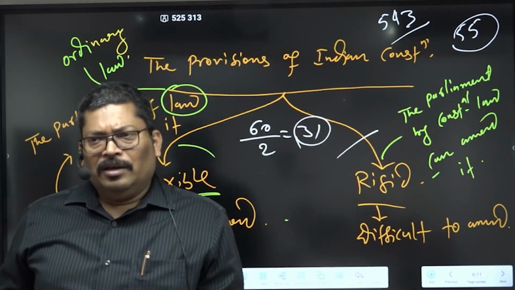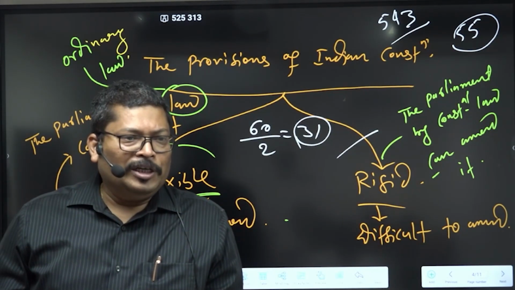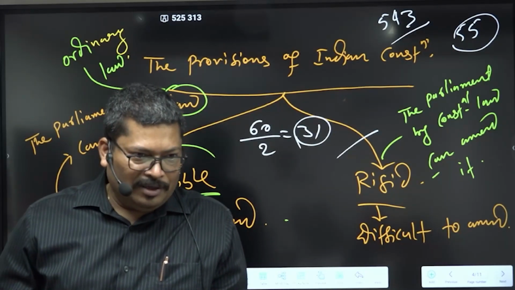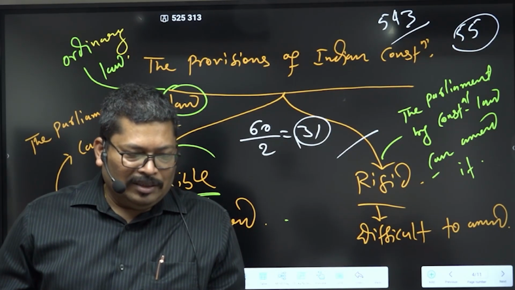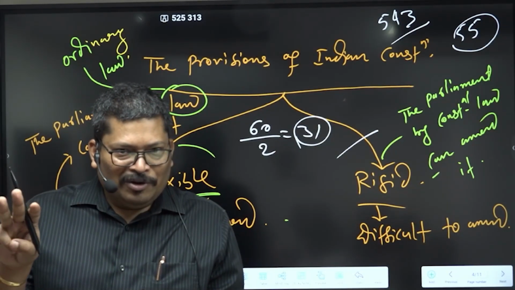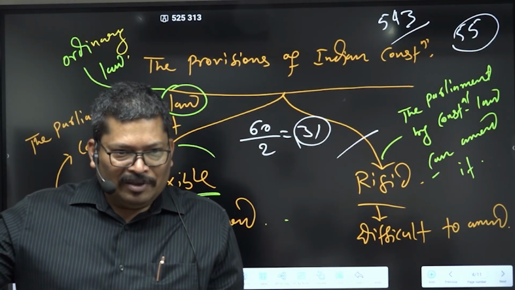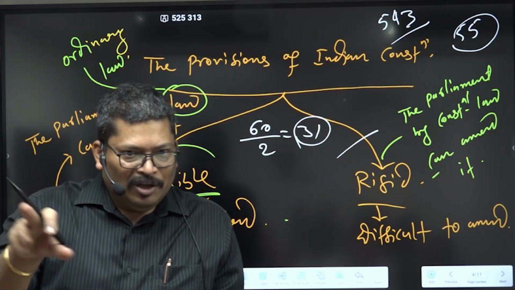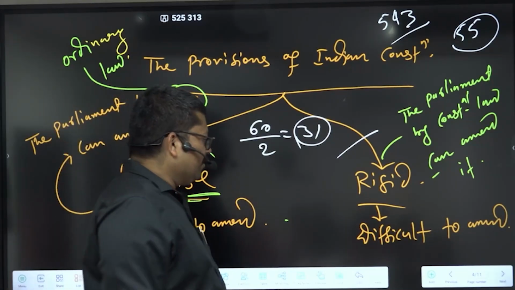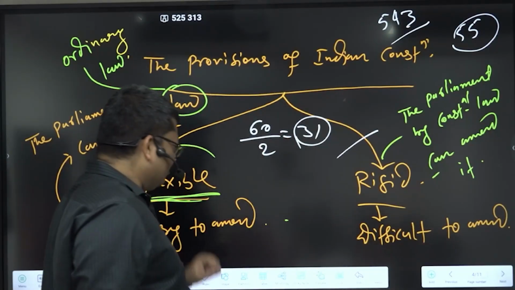For that, the Parliament needs to follow the two-third majority pattern. See, there are three patterns associated with two-third majority. One is given under Article 249, another is given under Article 61, and another is given under Article 368. Which one is required over here? 368.